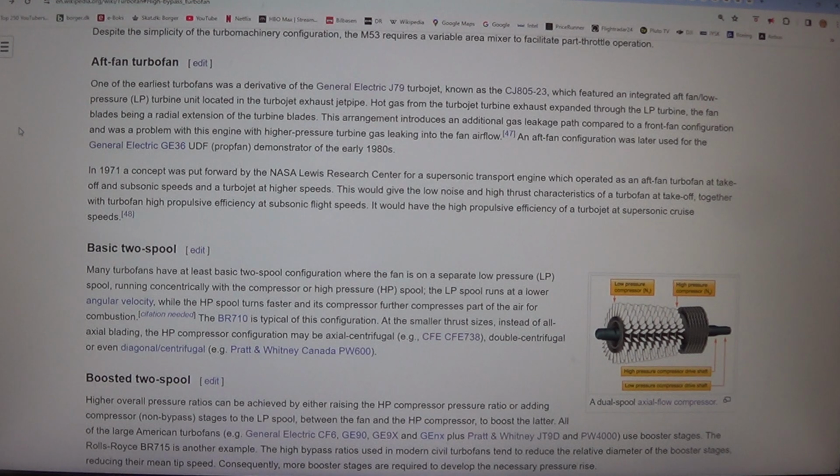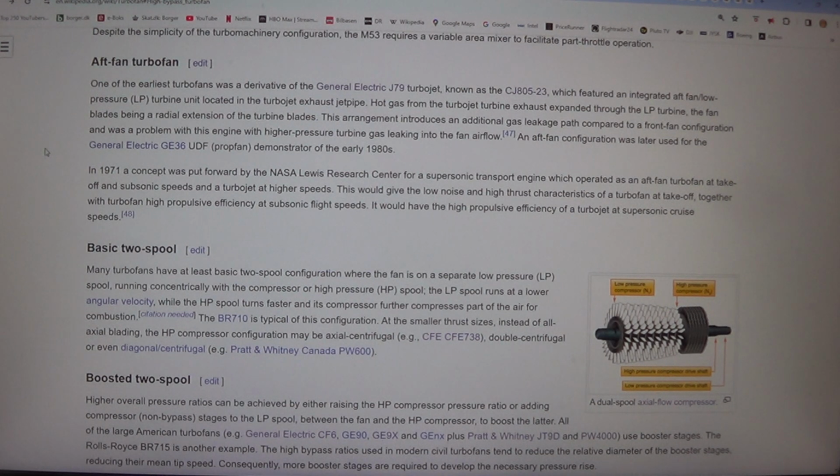Hot gas from the turbojet turbine exhaust expanded through the LP turbine, the fan blades being a radial extension of the turbine blades. This arrangement introduces an additional gas leakage path compared to a front fan configuration and was a problem with this engine, with higher pressure turbine gas leaking into the fan airflow.